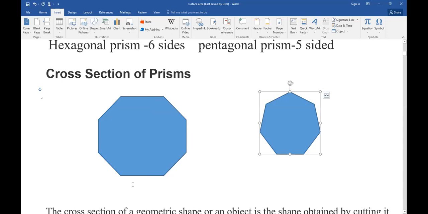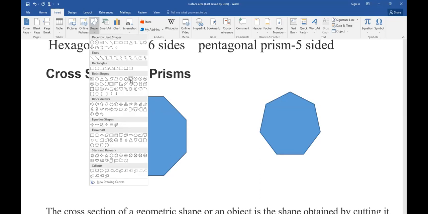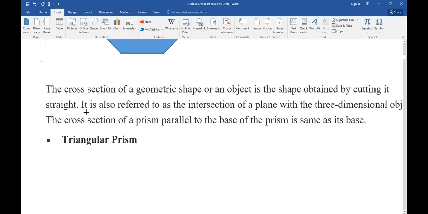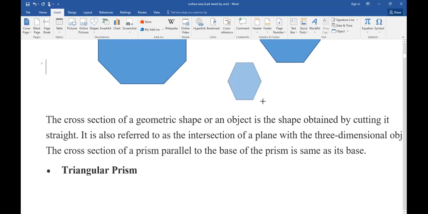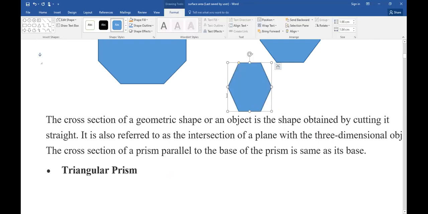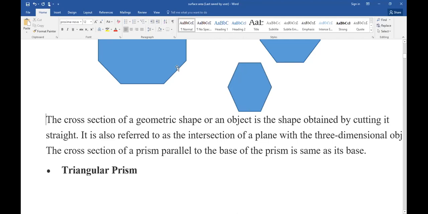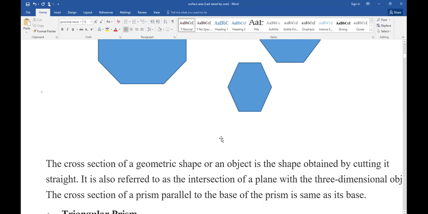This one is not 6-sided. Why am I not getting the 6-sided one? Here. 1, 2, 3, 4, 5, 6. So this is the shape that I wanted. This is a 6-sided shape that I wanted.